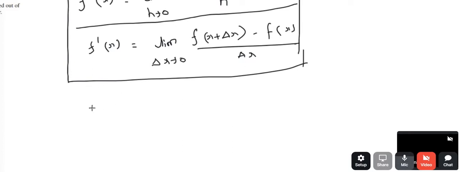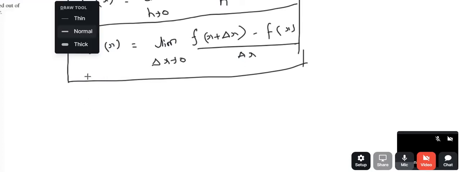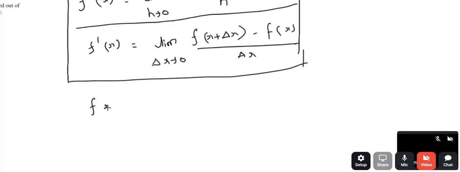So for example, we can take our f of x is equal to 5 times f of x. So this is our function now. I'm going to find f prime of x for this one.